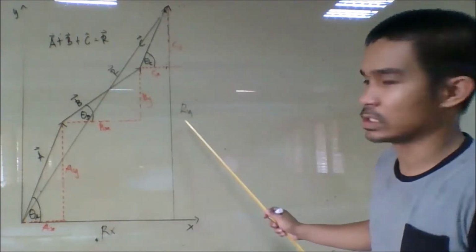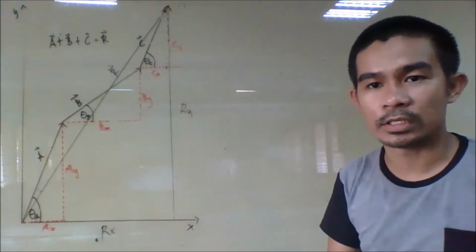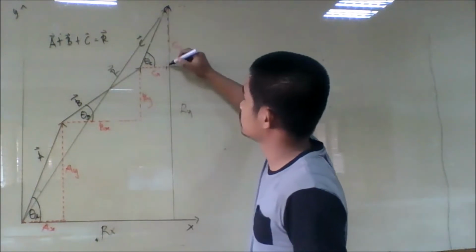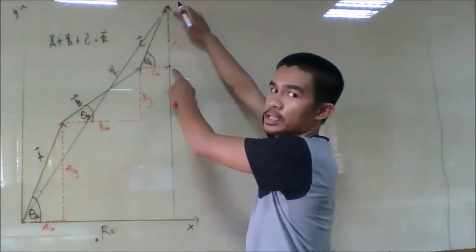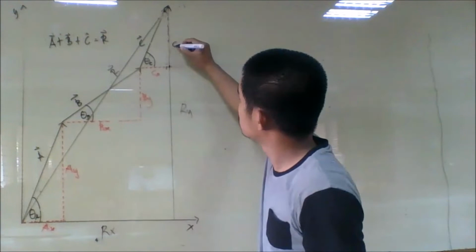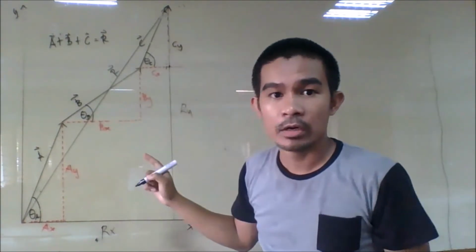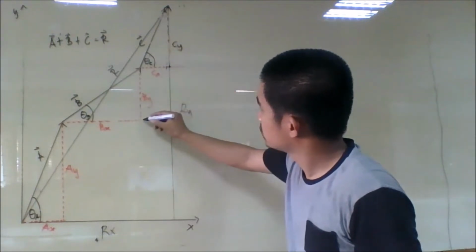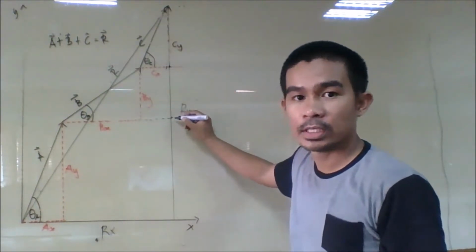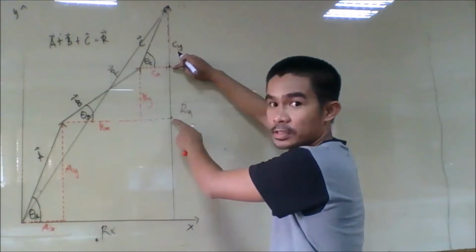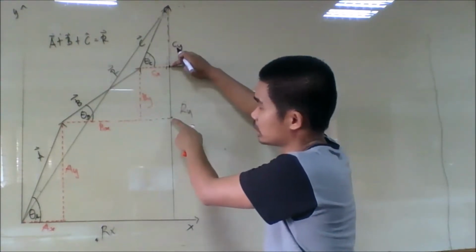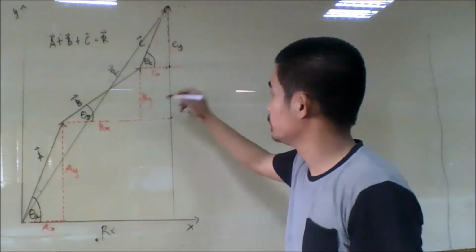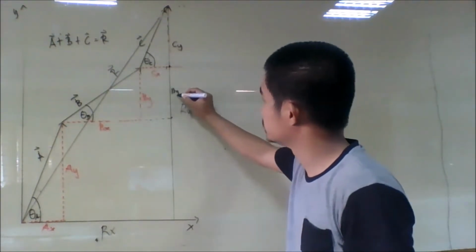So let us take a look at the y component of vector R. From this point to that point, this is the length of the y component of vector C. And then the distance from this point to that point is the magnitude of the y component of vector B. This is B of y.